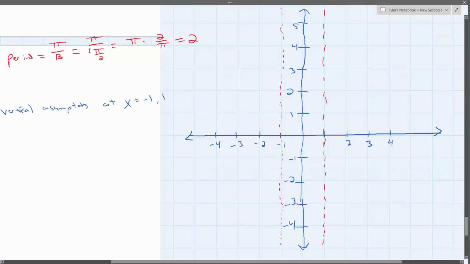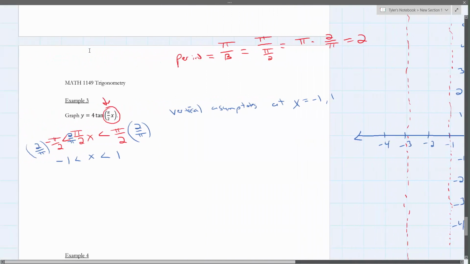So I'm going to have another set of asymptotes, a distance of 2 to the right, and then also 2 to the left. Sorry, it's hard to get those straight.